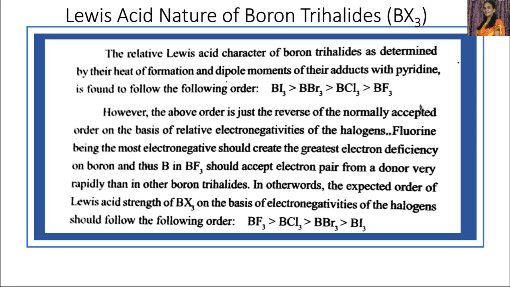In other words, the expected order of Lewis acid strength of BX3 on the basis of electronegativities of halogens should be BF3 greater than BCl3 greater than BBr3 greater than BI3. But the actual order is the reverse, based on dipole moment values and their properties.